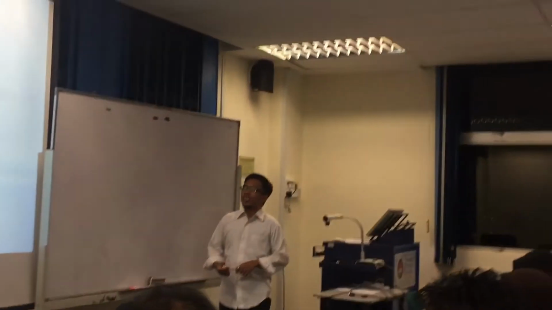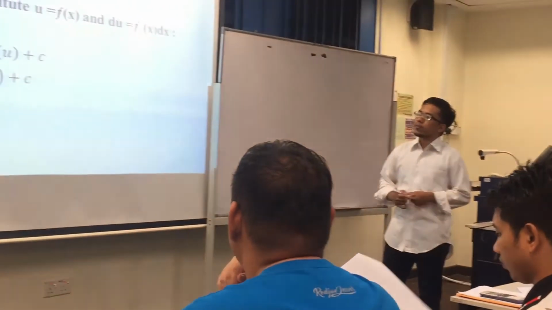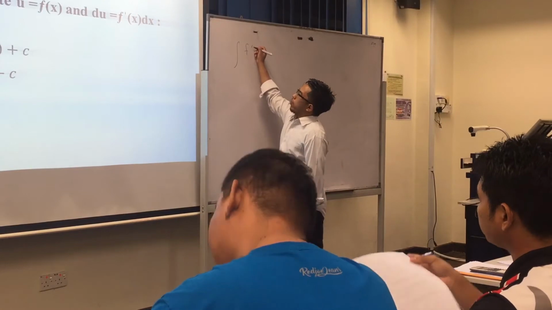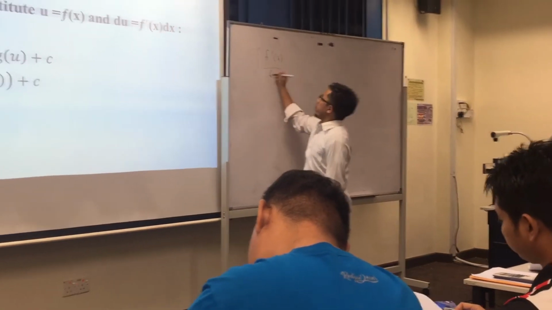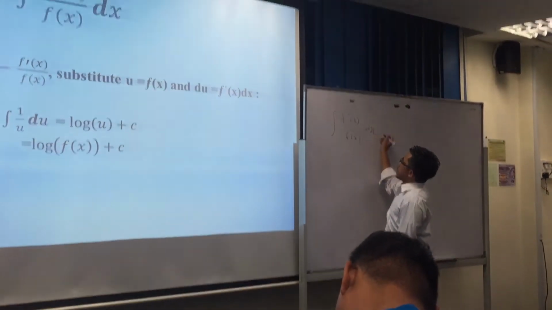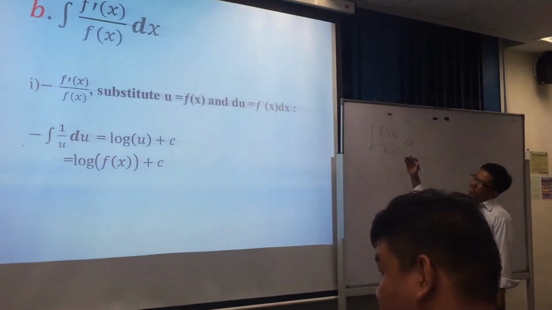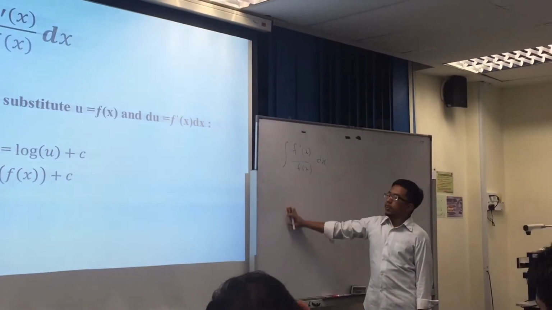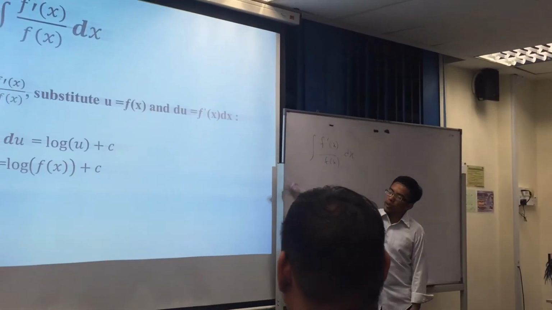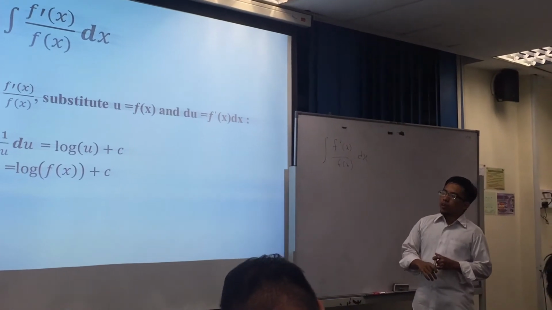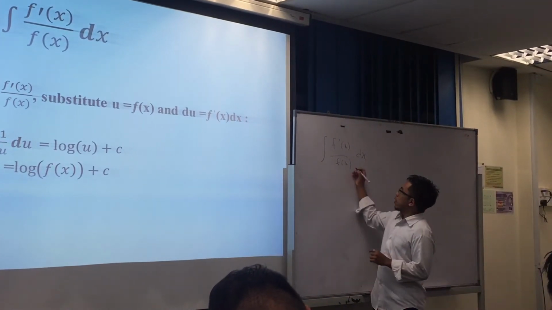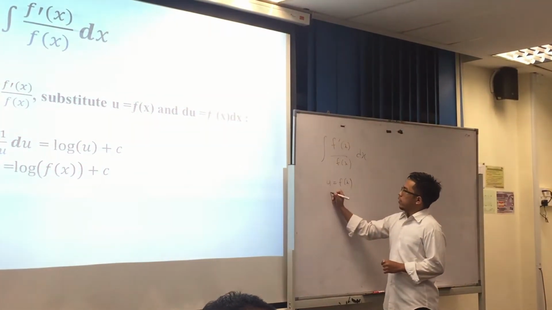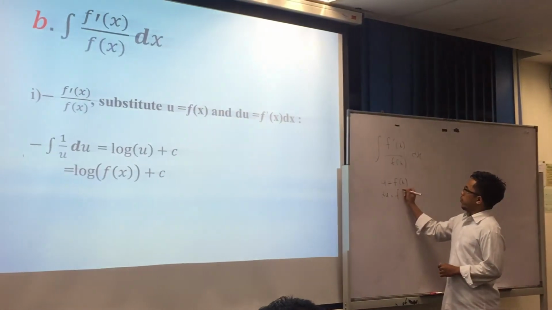This one is the tricky part, where you have the integral of f'(x) over f(x) dx. As you can see, the numerator is the derivative of the denominator, right? So from the notes, you can understand that we first substitute. Let u equal f(x) and du equal f'(x) dx.